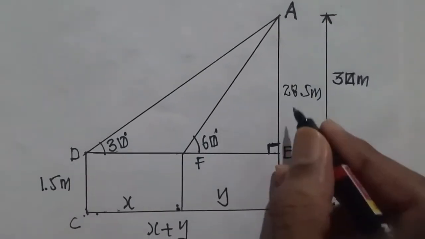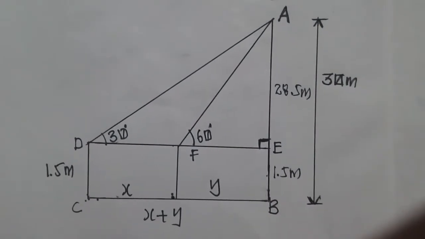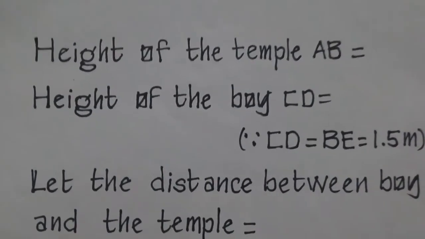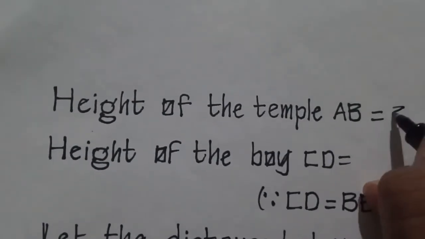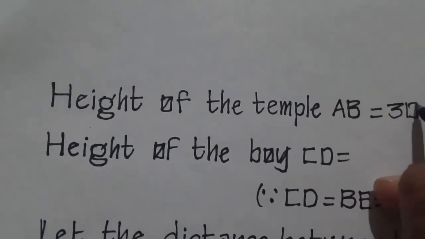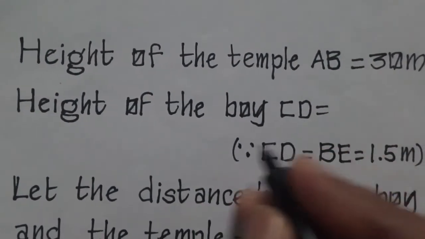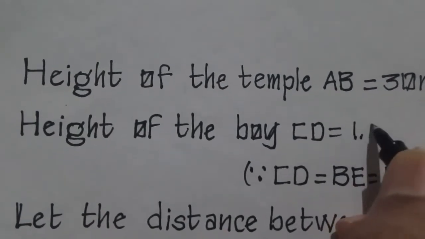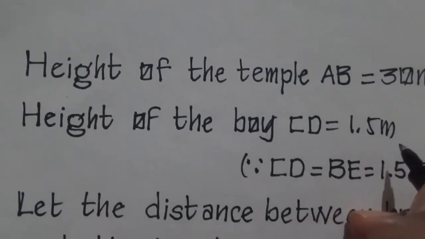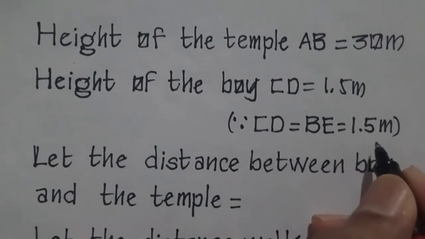AE is equal to 28.5 meters. Height of the temple AB is equal to 30 meters, and height of the boy CD is equal to 1.5 meters, and CD is equal to BE is equal to 1.5 meters.